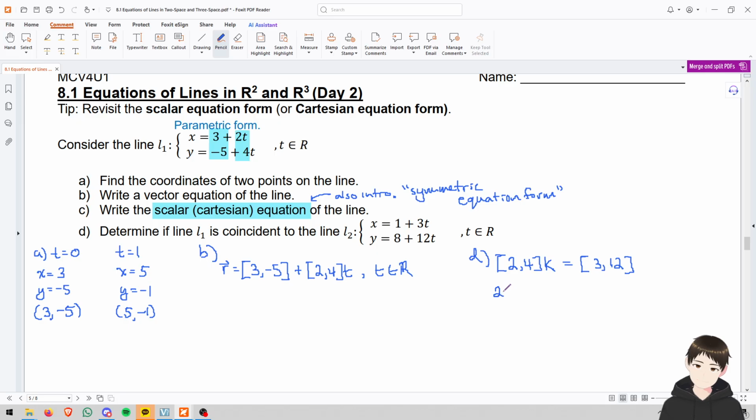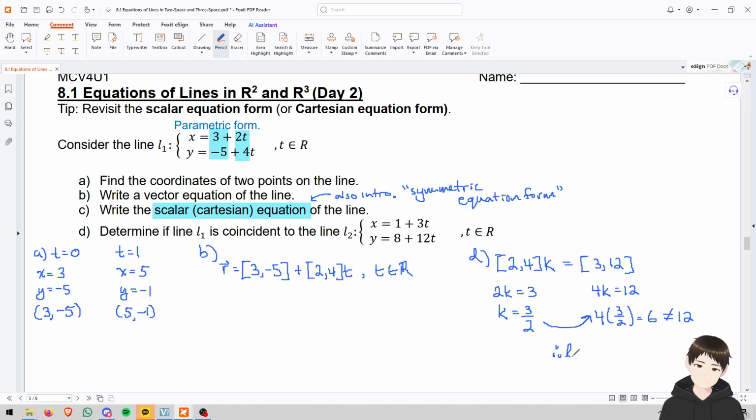So let's just prove, is 2k possibly equal to 3? And is 4k going to equal 12? Well, if I want k, I divide both sides by 2. And by sliding it over here, what do I get by multiplying the k value? I get a 6. That is not a 12.